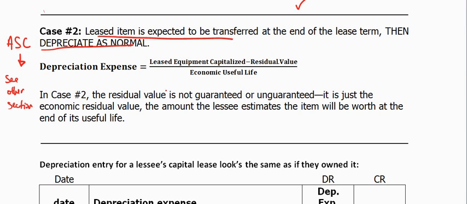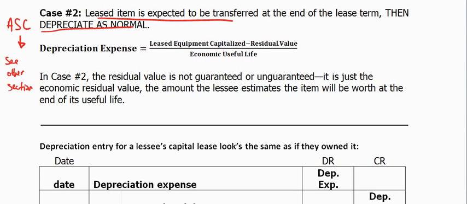Or if there are excessively high renewal penalties over the useful life, such that everyone would be surprised if they didn't end up having the item over its useful life, depreciate as normal. So if there's some indication in the contract that they're going to have the item over its useful life, then it's just normal depreciation. It's not special lease depreciation. Case 1 is special lease depreciation. Case 2 says, hey, you're going to end up having the item over its useful life, depreciate under normal depreciation rules.